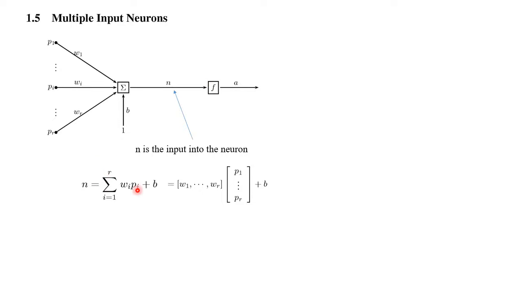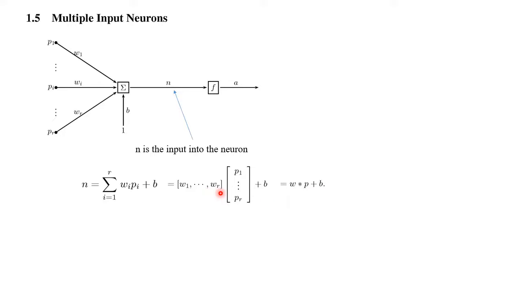And when you see a sum like this, you can write that as a matrix product. The sum of all the Wi Pi, that's a dot product, which can be written as a row vector times a column vector, or a row matrix, a 1 by R matrix W, and an R by 1 matrix P. So we can write that succinctly as W times P plus B. And W times P is just a single number.